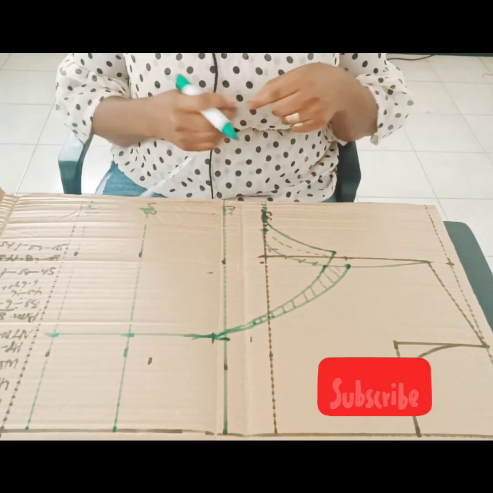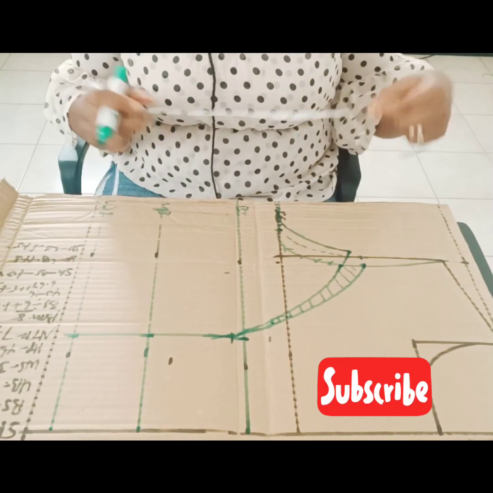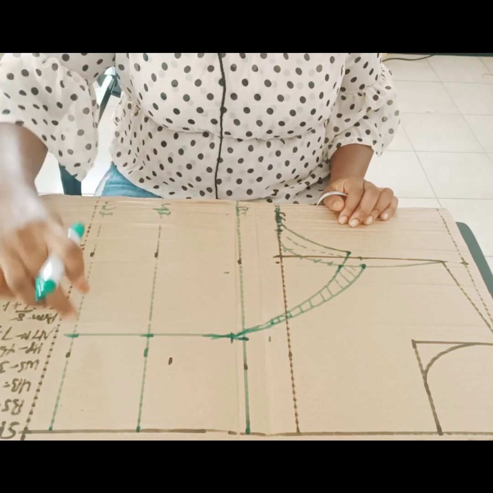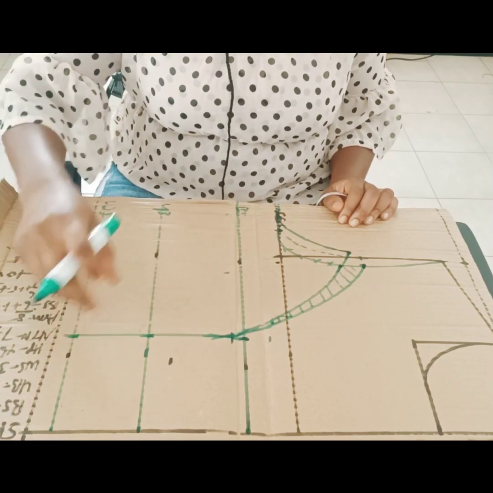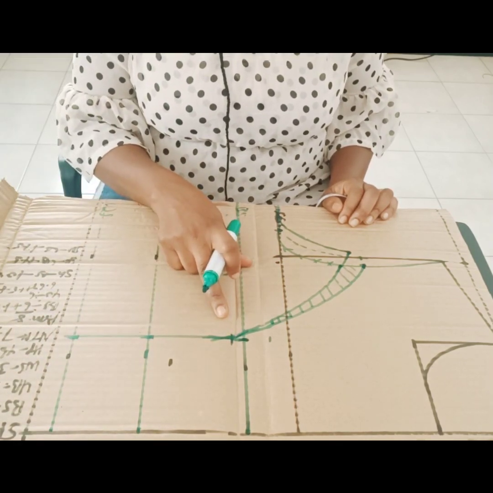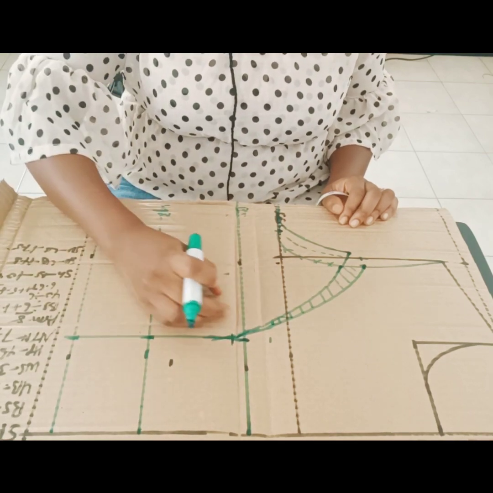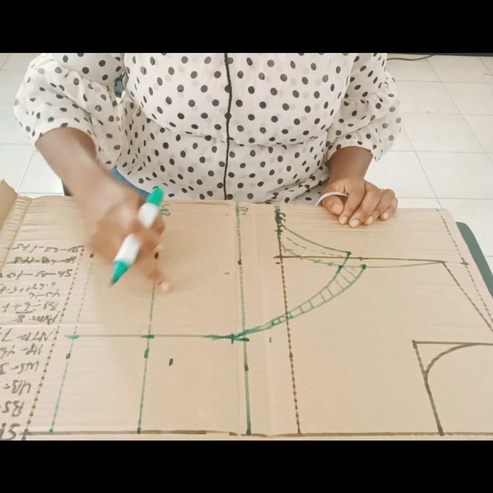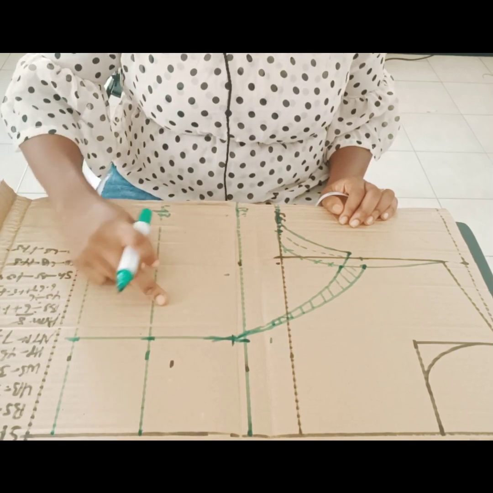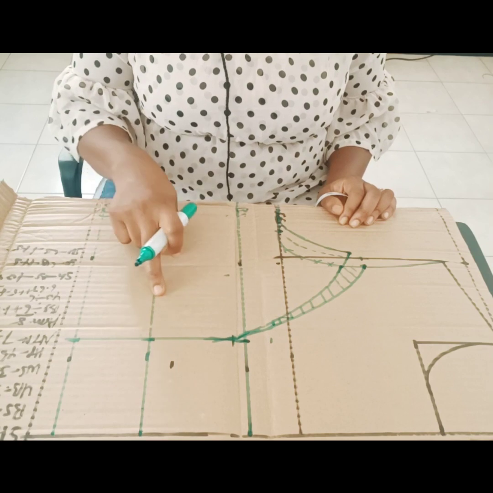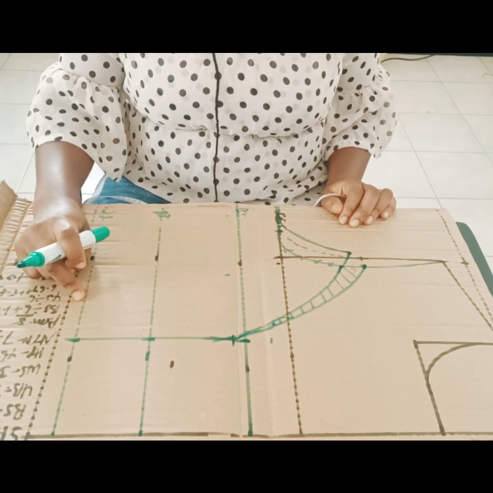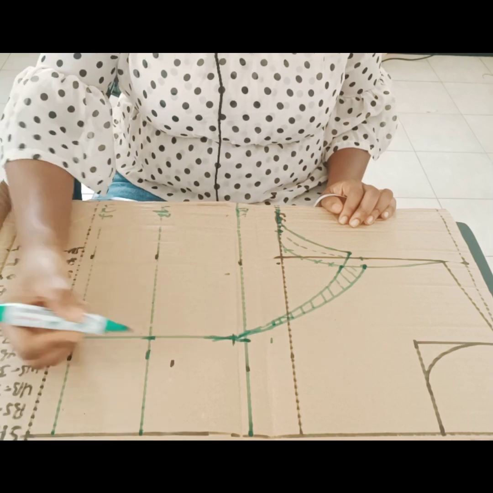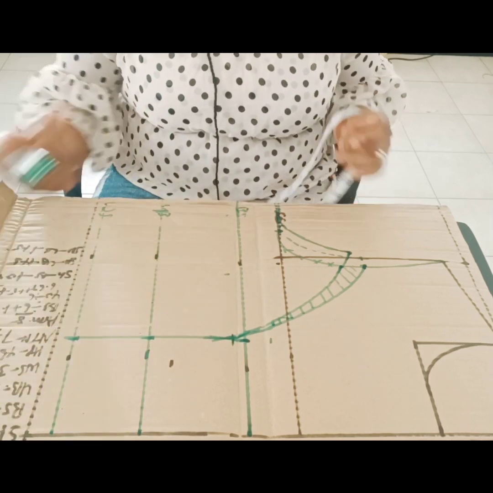On the bust, we are taking a dart of 2 inches around the underbust. We are also taking a dart of 2 inches on the waistline. Because it's a princess dart bustier, we want the bust area to be prominent, to come out very well. You can decide to take your 2 inches on one side, on the underbust and on the waistline, or you can share it and take 1.5 here and 1/2 inch there.